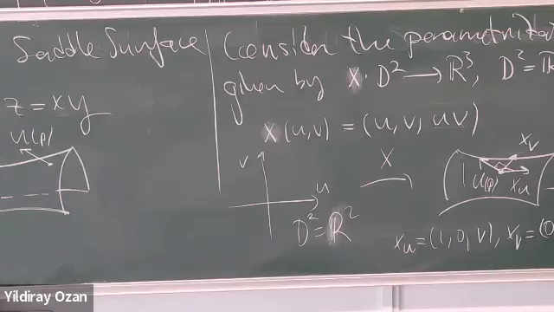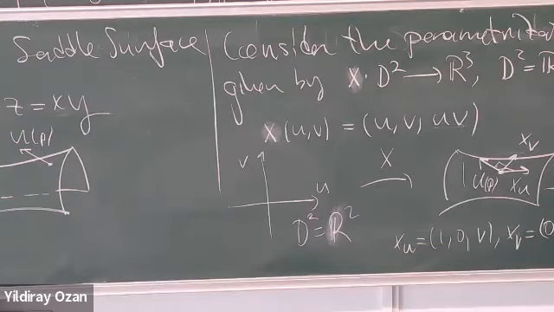And if you compute this, along any vector, the tangent space of the surface is of course the span of U1 and U2.